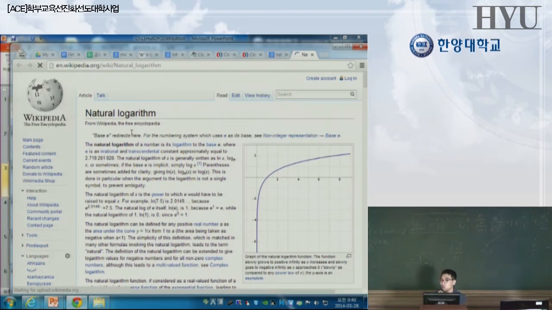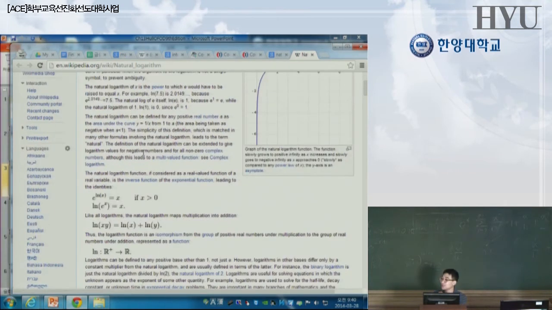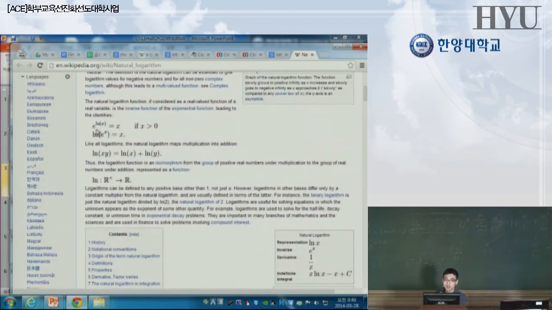In high school, when we learn log, the base is 10, right? But in university, when you say log, the base is e. Okay, so because the log function is the inverse function of the power function, e to the power of log x is simply x.